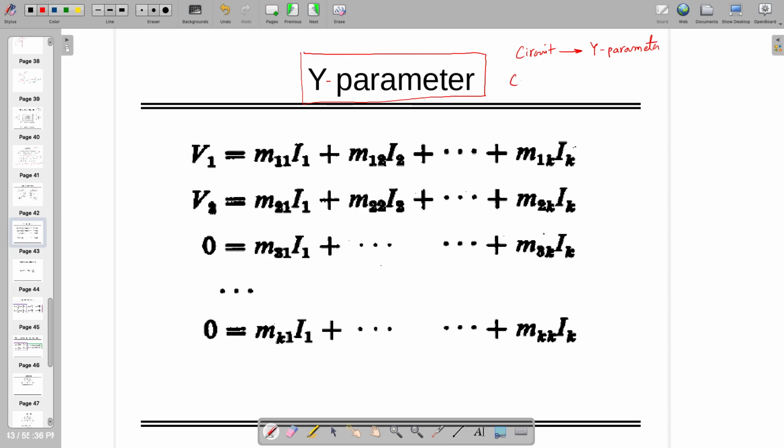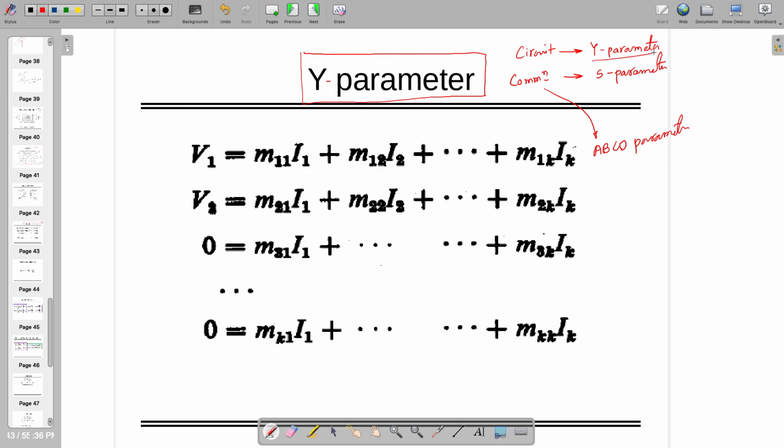And if you are a communication engineer, you are going to use S parameter. Some more are also there, like communication engineers also using ABCD parameter. That's why I was feeling happy when it's Y parameter.